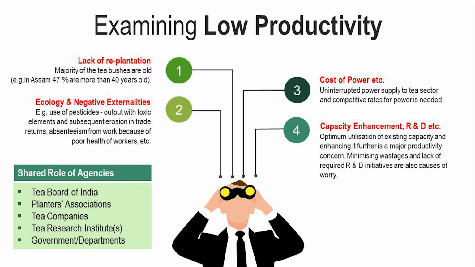So all these have to have their shared role if we want to address these 4 factors of low productivity. Everybody has their own role in dealing with it, and therefore these are the agencies which are to be looked up to if we want to address these factors of low productivity.